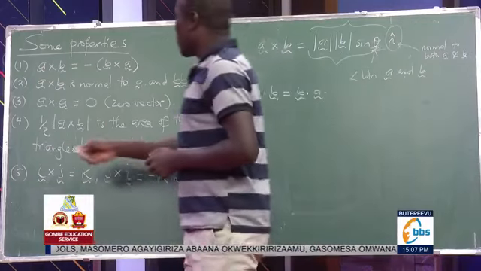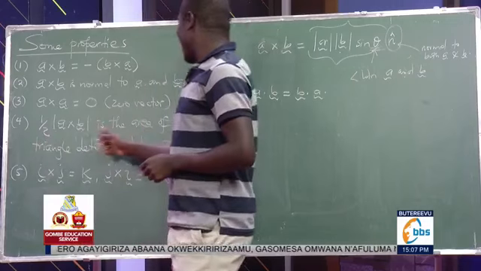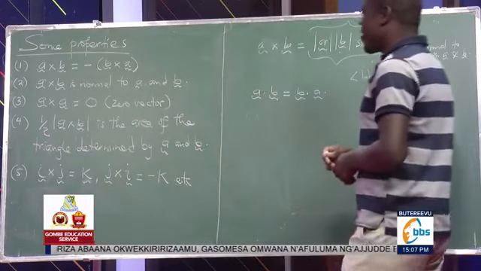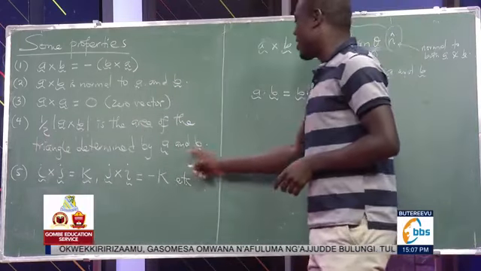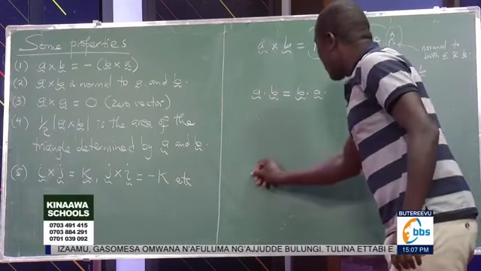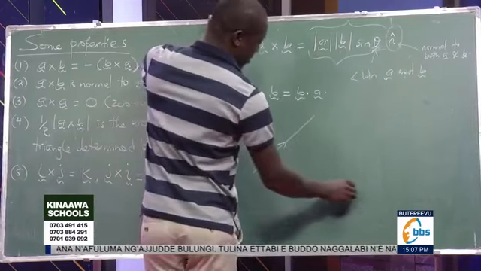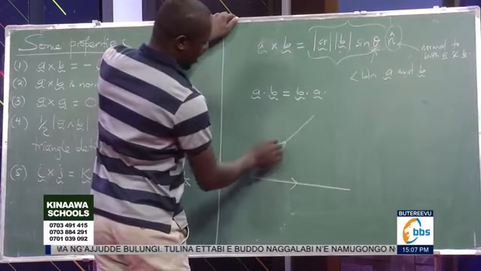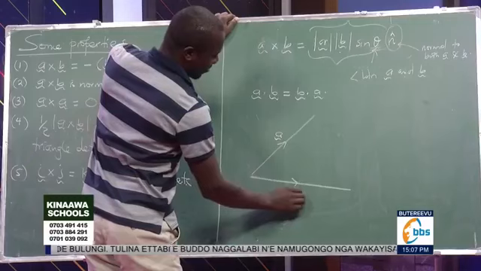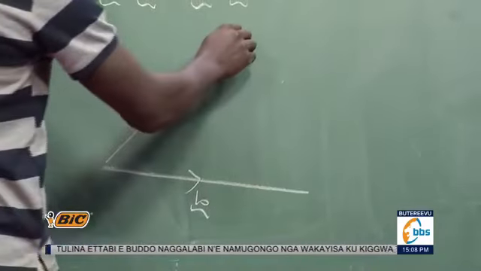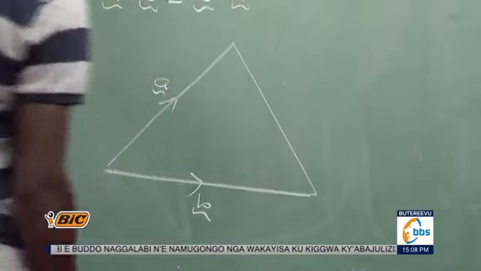Then property 4: we are saying that the magnitude of A cross B is the area of the parallelogram determined by the vectors. Well, that is also very obvious. If this is the vector A, and this is the vector B, then we are talking about that triangle there.